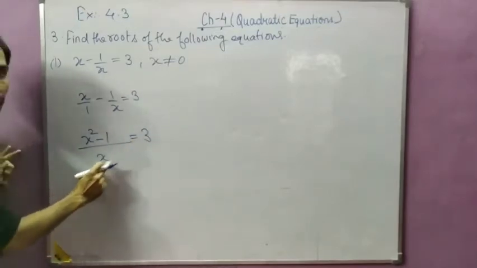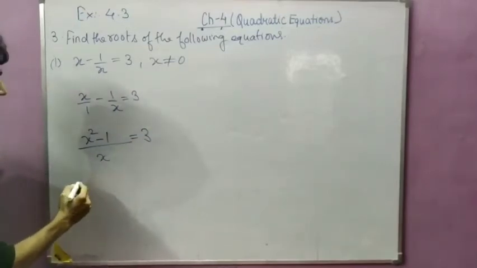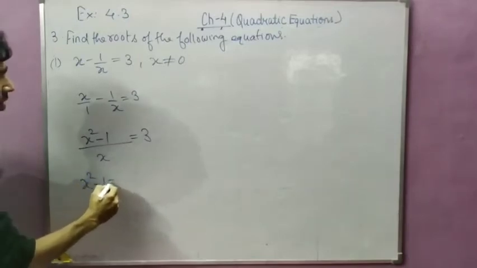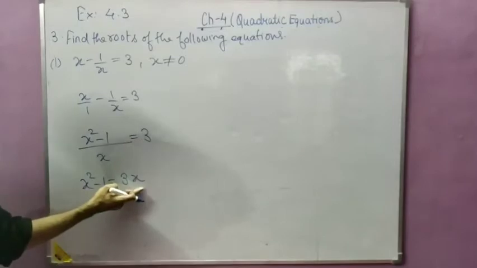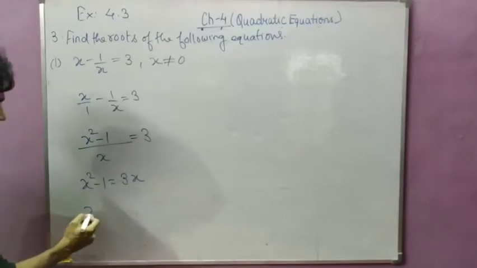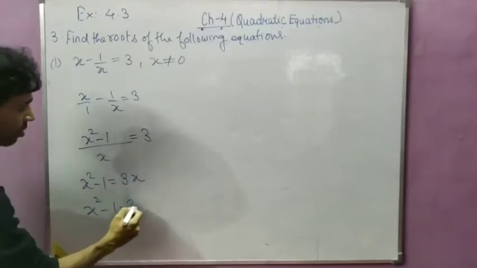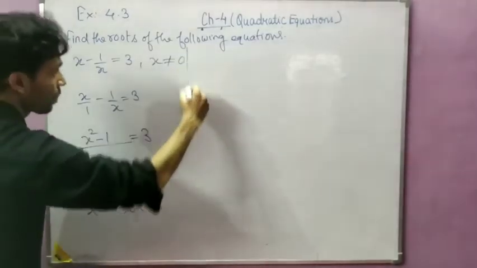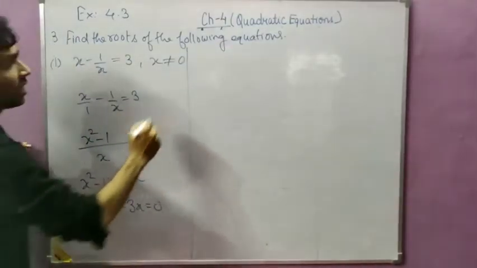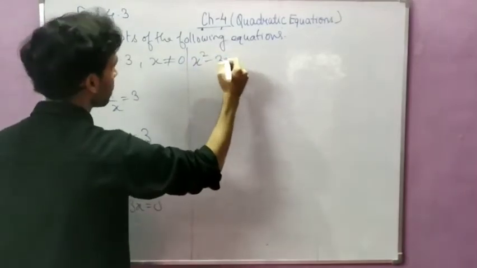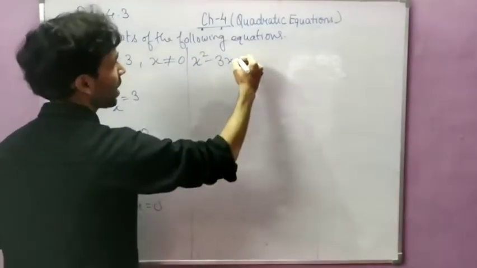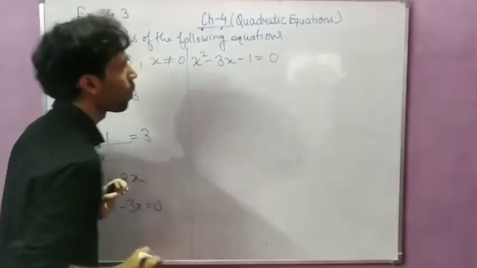Now cross multiply it. When you cross multiply it, you will get x square minus 1 equal to 3x. Now transfer this 3x to this side. So x square minus 1 minus 3x equal to 0. Now write it in a proper manner. So x square minus 3x minus 1 equal to 0.